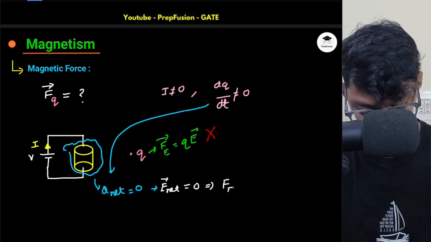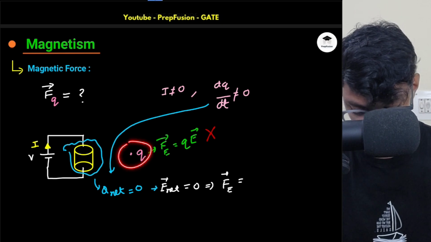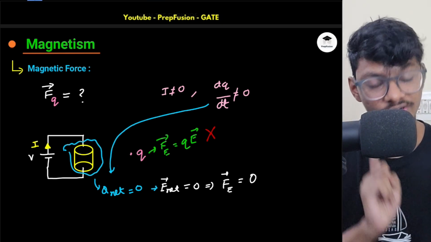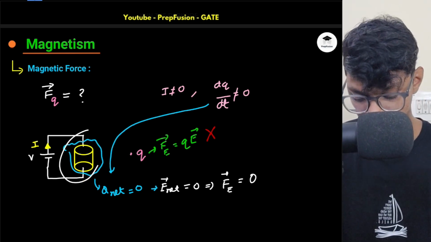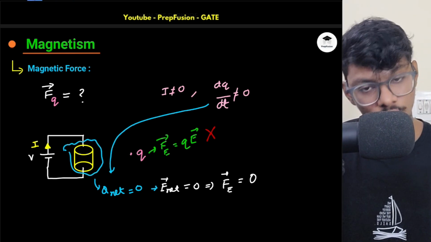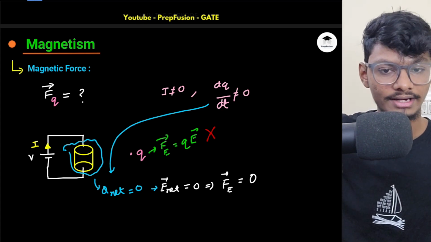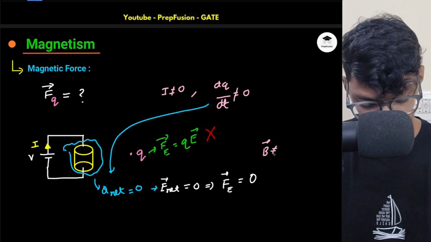That means the force due to the electric field on this particular charge Q that is lying here will simply be 0. There will not be any force due to the electric field, because there is no electric field due to this particular conductor. There is no force due to the electrostatic nature, but there is a force due to the magnetostatic nature. Why? Because my magnetic field is not equal to 0.